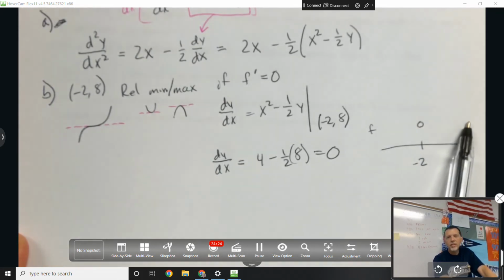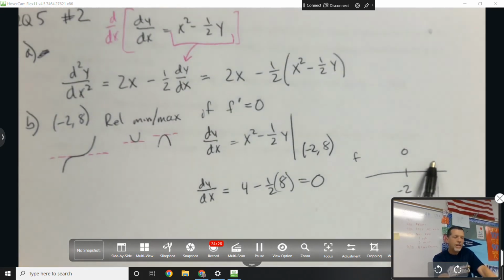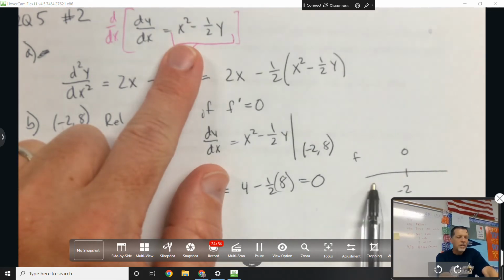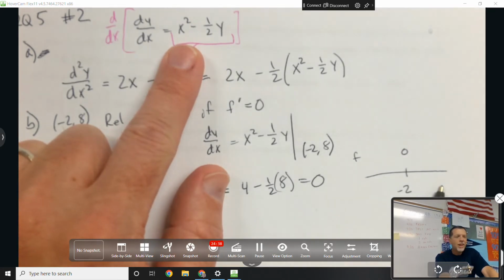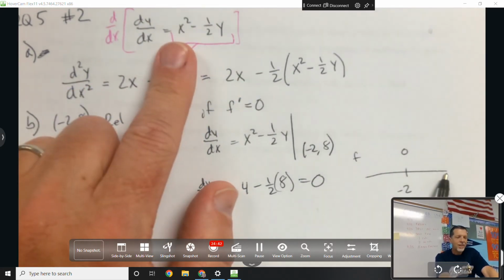But that won't work for this problem, because the first derivative has x's and y's in it, and so I can pick x equals -1 or -3, but I don't know what y is. So this method is not going to be useful for this problem.